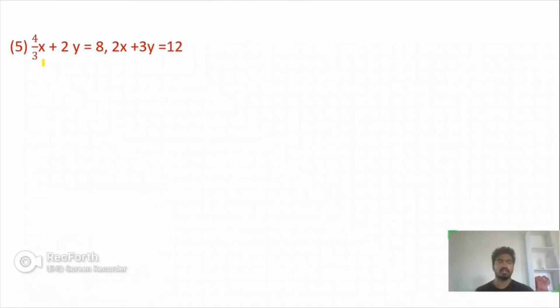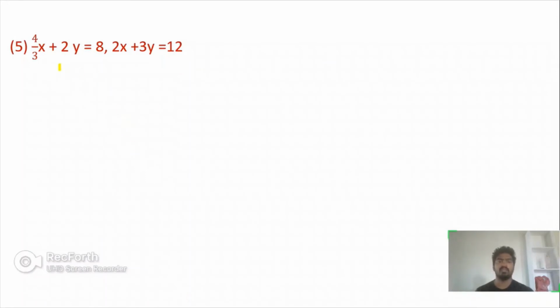Fifth problem. The given pair of linear equations are 4 by 3x plus 2y is equal to 8 and 2x plus 3y is equal to 12. So, first we have to compare the given pair of linear equations with the standard form of equations, that is a1x plus b1y plus c1 equal to 0 and a2x plus b2y plus c2 is equal to 0.